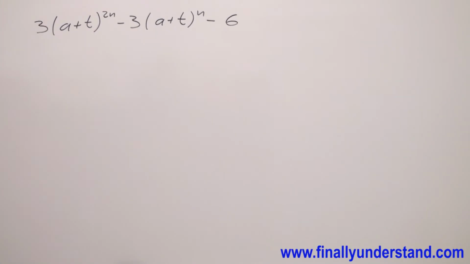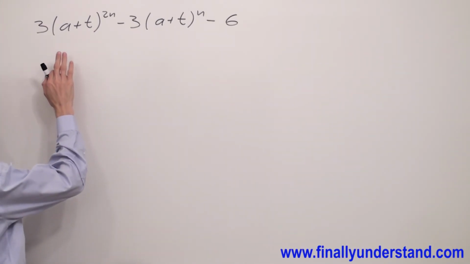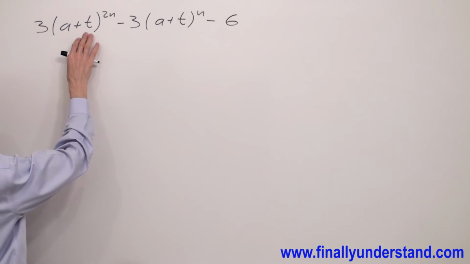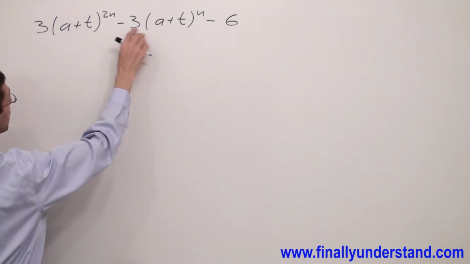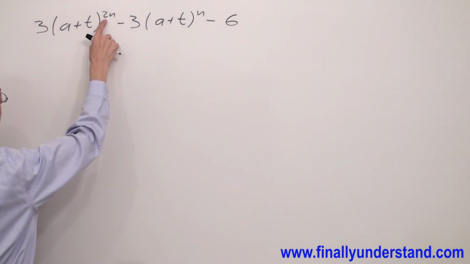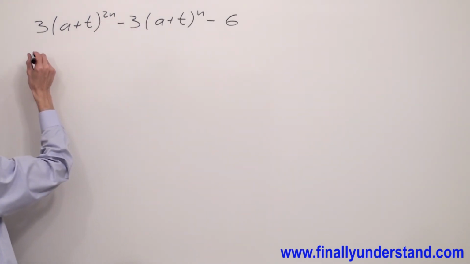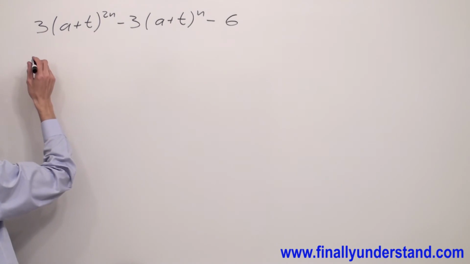Let's take a look at this example. First, you're supposed to notice that inside of the parentheses we have the same term. I have a plus t, a plus t. And I have second power over here, right? 2n, and I have n over here. So what I have to do first, I'm going to rewrite this problem in a little bit different way.